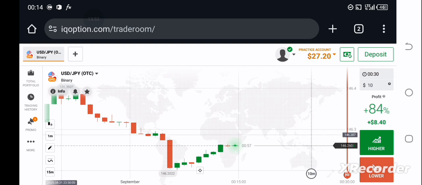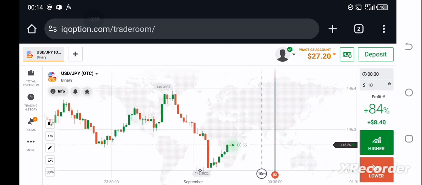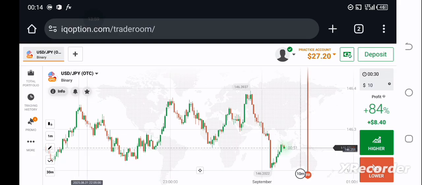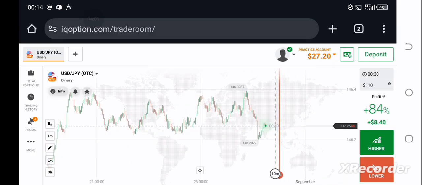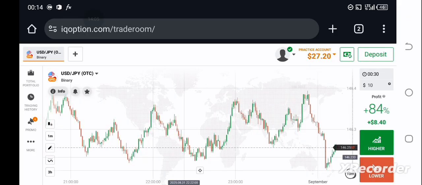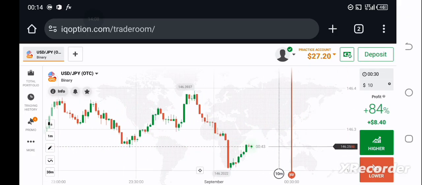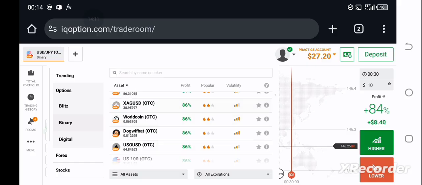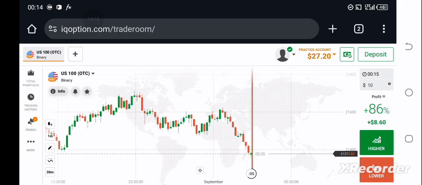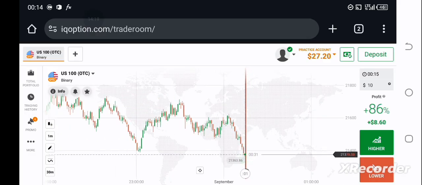So you can open your position within the next 1 minute, within the next 5 minutes, immediately. After a particular time frame, you see your profit, whether you made profit or you lost. If you made profit, you see it. If you lose, you see it. So we have 3 seconds for this chart to close.